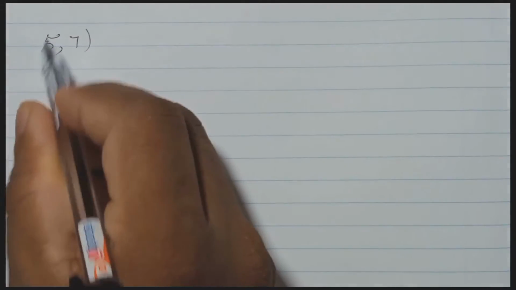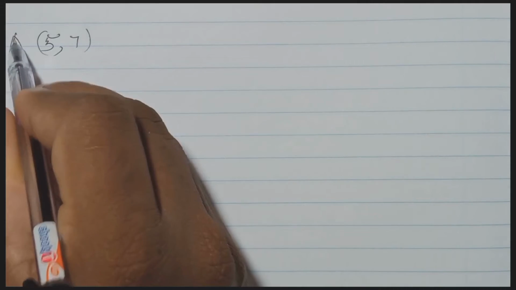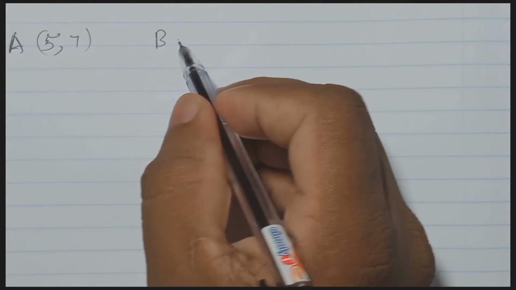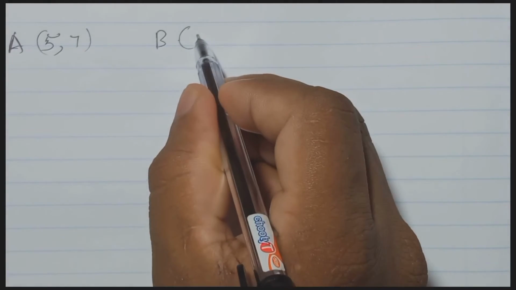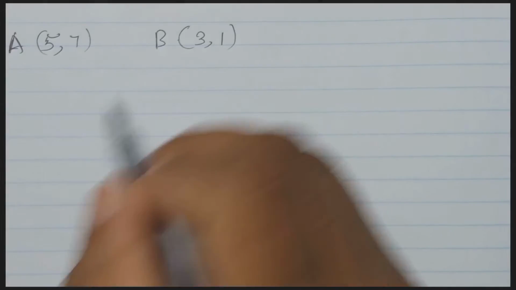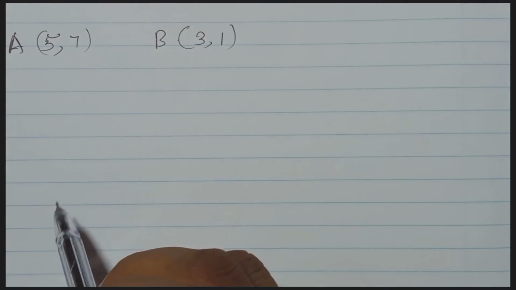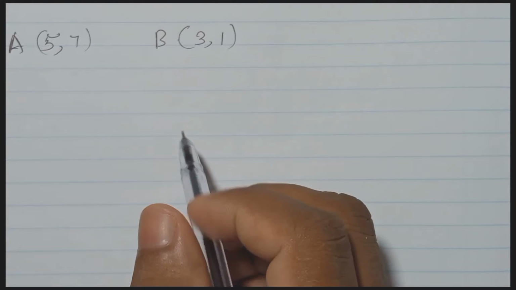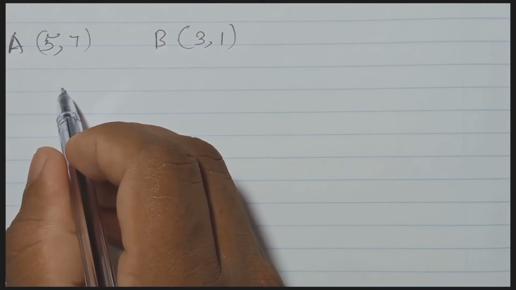Now for example, think of it this way: they will tell you the point A coordinate is 5 comma 7, and the point B coordinate is 3 comma 1. Like this they will give two point coordinates, and then ask you what the gradient is. So you need to use the same formula, right?